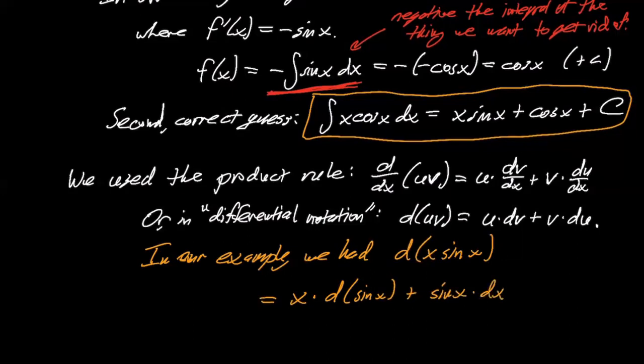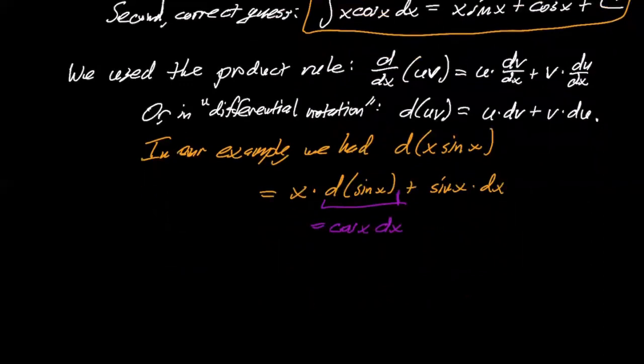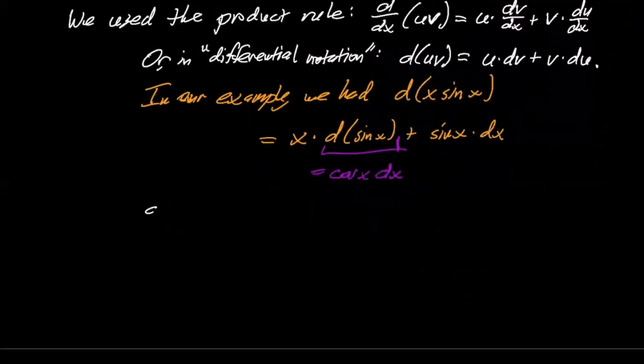And then the question is, what is d of sine x? D of sine x is the derivative, cosine x, but then you throw in the dx. It's like we did when we did u substitutions, the same thing, right? So the formula that I get is, let me just write this out again. D of x sine x is x cosine x dx plus sine x dx.